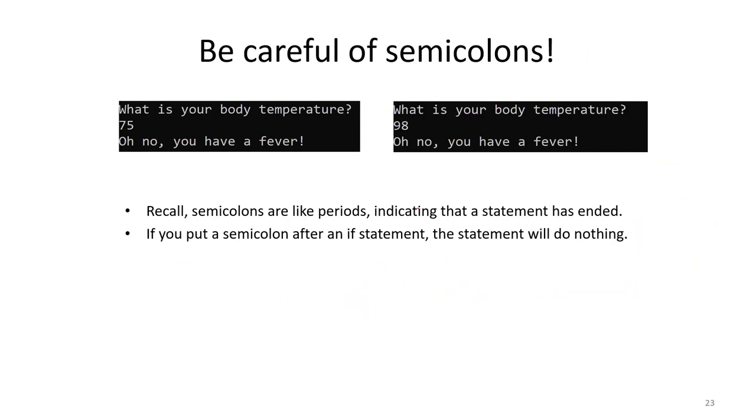So remember, semicolons are like periods, indicating that a statement has ended. So if you put a semicolon immediately after the if statement, it creates what's called an empty if statement. And the statement itself does nothing. Remember, once we see that semicolon, our if statement has ended, and therefore the next code will trigger no matter what.